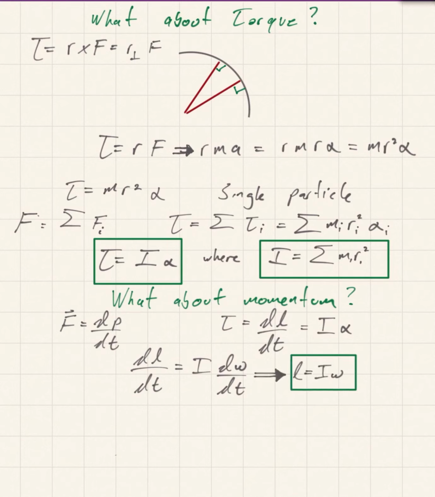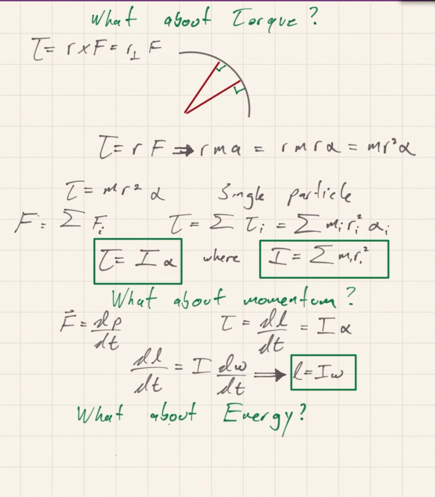That means that that quantity L that we were looking for would have to be I omega. And indeed, if you take the time derivative of I omega, you would get I alpha so long as I is constant, meaning the mass is not changing or the mass configuration is not changing, which is what the moment of inertia really gives us an idea of.